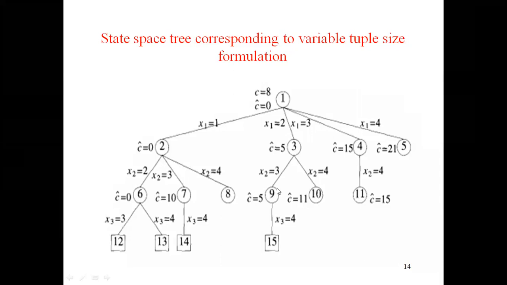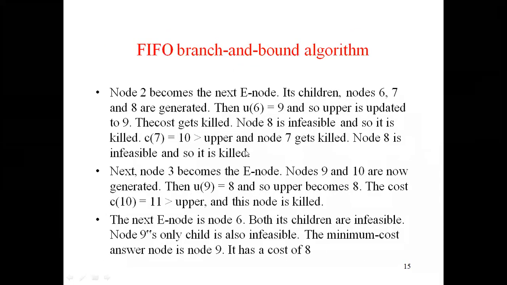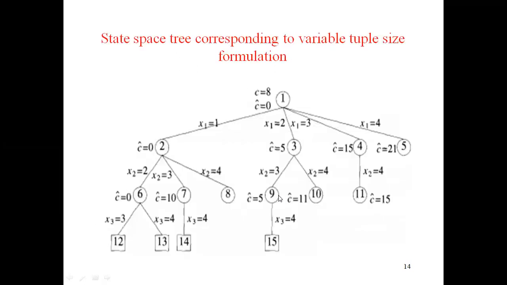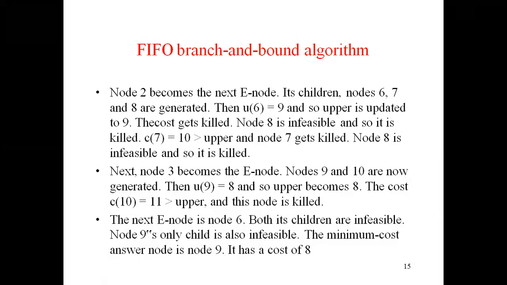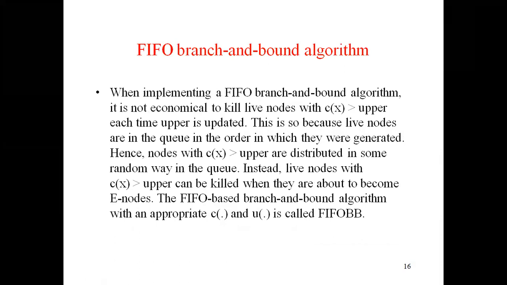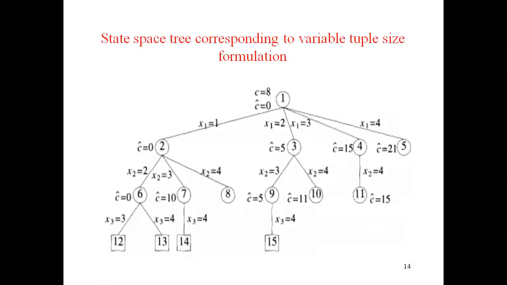So when implementing the FIFO branch and bound algorithm, it is not economical to kill live nodes with C of x greater than the upper value each time upper is updated.